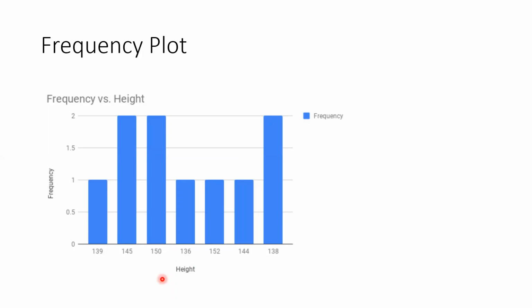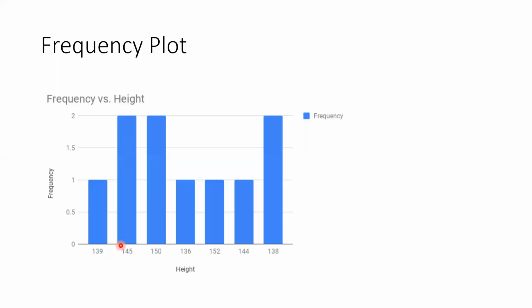But here I have taken a different parameter. I have taken height over here. I asked for the data, looked for the data in some individuals, and then I found that there was one person whose height was 139.